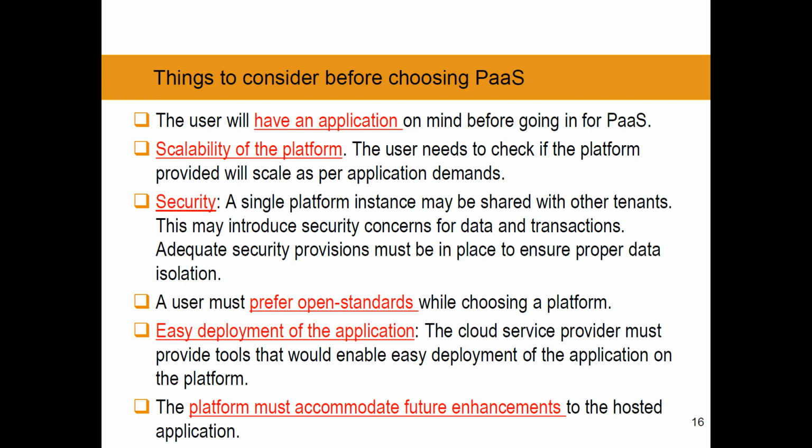And then you think about scalability of the platform. The user needs to check if the platform provided will scale as per application demand or not. Yes, you can develop the application, but how to deploy? You can deploy on the same platform. However, you need to check whether the platform provided by your cloud service provider can scale, if the application demand becomes higher and higher.